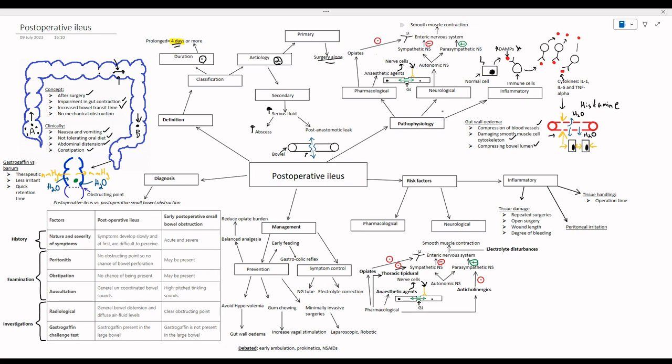So we know with postoperative ileus, because of the generation of the inflammation, so because of all these cytokines and that inflammation, it can cause a switch in the balance such that the sympathetic nervous system starts to outweigh the parasympathetic nervous system, and so that will impair smooth muscle contraction, causing the development of ileus.